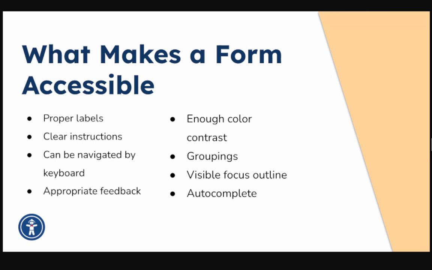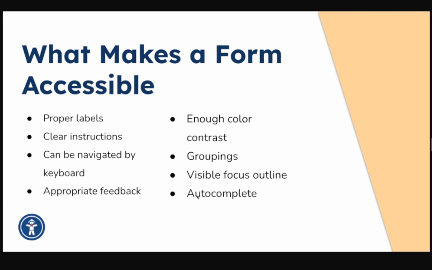And visible focus outline. This is related to the third item that I mentioned about being accessible by keyboard. Even if it's accessible by keyboard, if you can't see a focus outline, it's basically the same thing as not being accessible by keyboard.